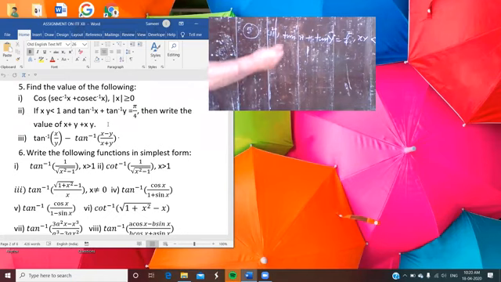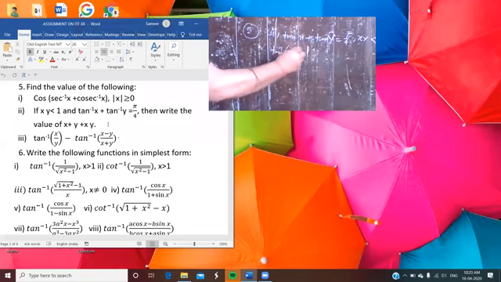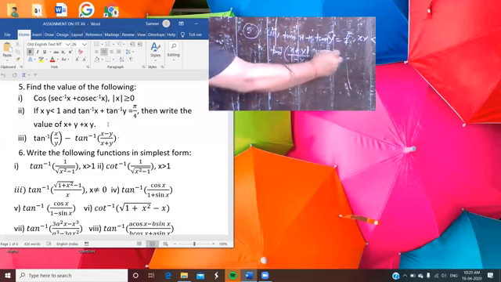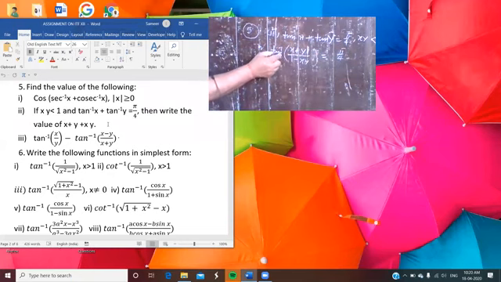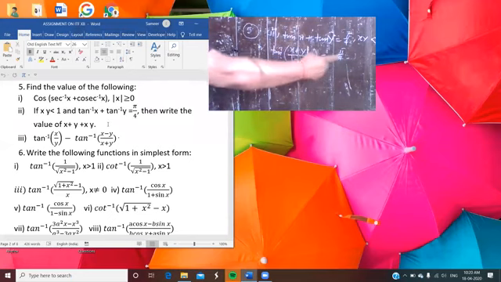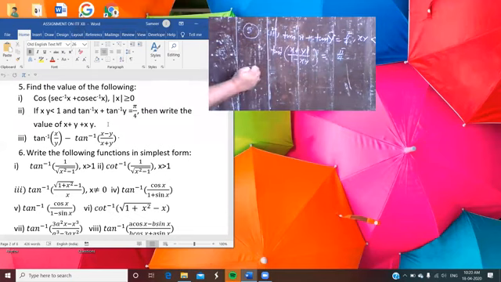You apply it here, so write it: tan inverse of x plus y upon 1 minus xy is equal to pi by 4. Taking the tan inverse to the right side, it is tan pi by 4, and you know tan pi by 4 is 1.